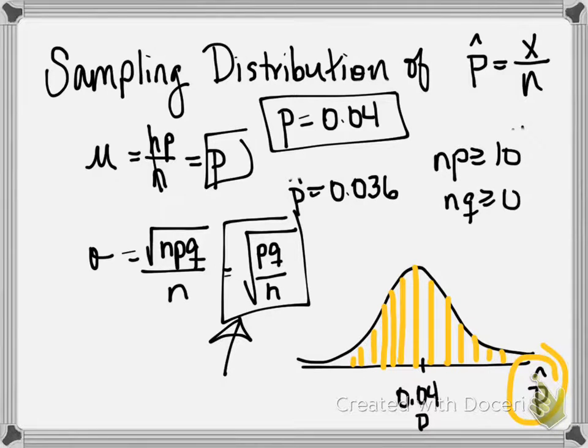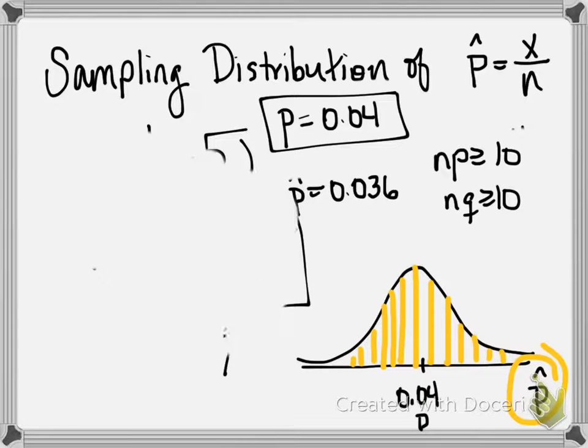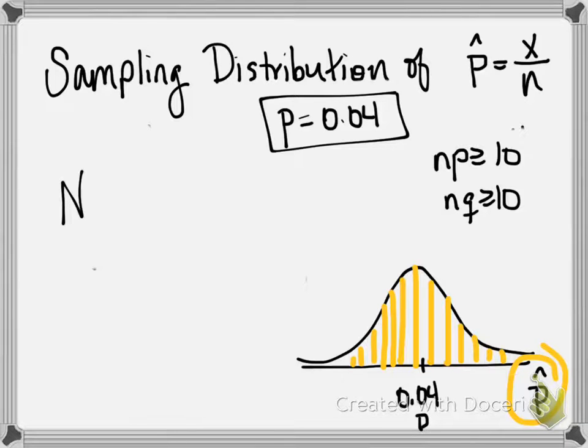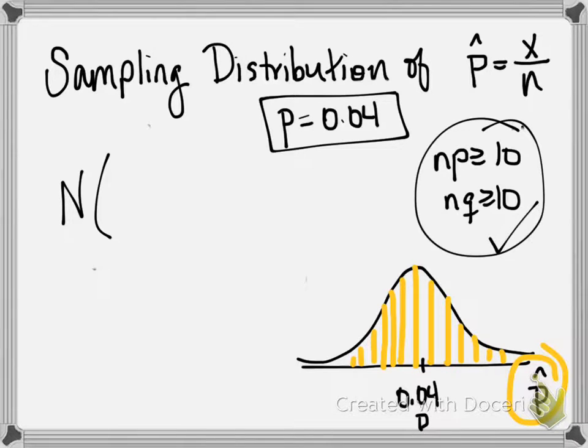All right, so here our sampling distribution is approximately normal because np and nq are greater than or equal to 10. Our mean is p, and our standard deviation is the square root of pq over n.